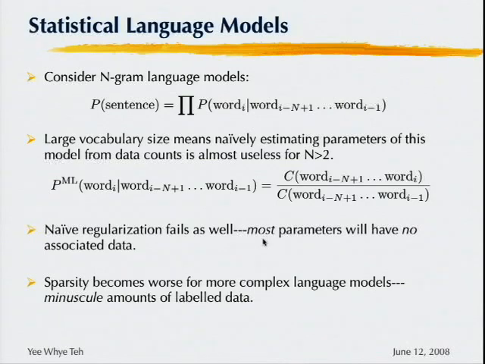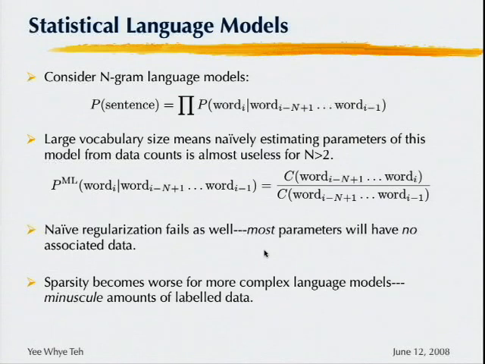So if maximum likelihood estimation doesn't work, it turns out that naively regularizing our parameters doesn't work as well. And the reason is because most of the parameters, in fact, will have no associated data at all. Right? So basically it will just simply reflect our prior, which may not be very good if you have a naive prior.